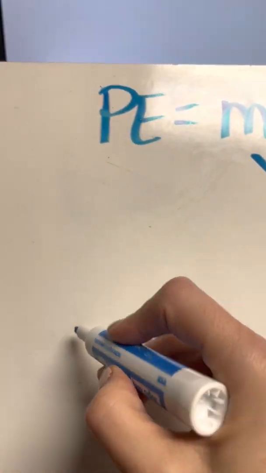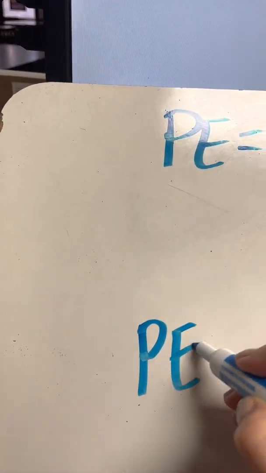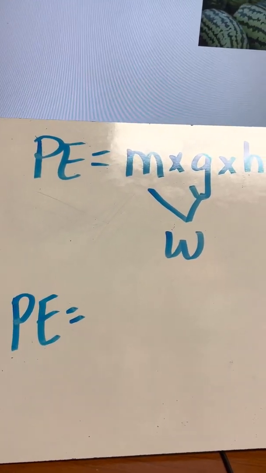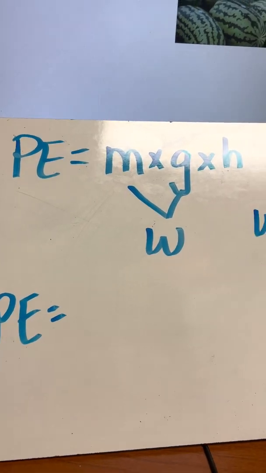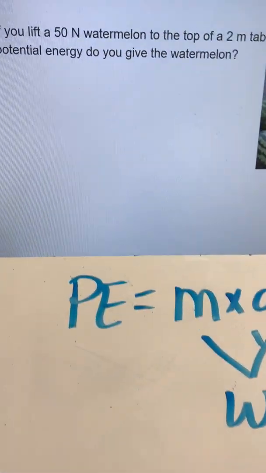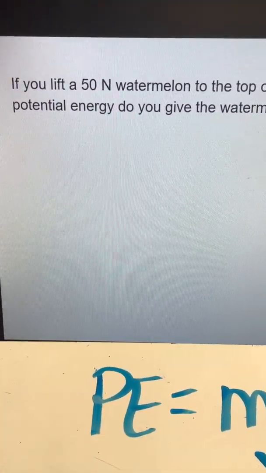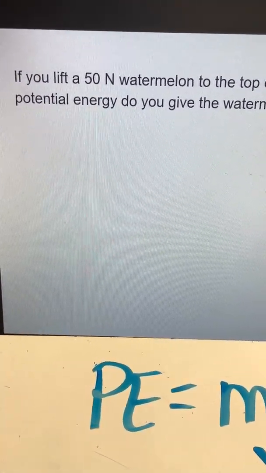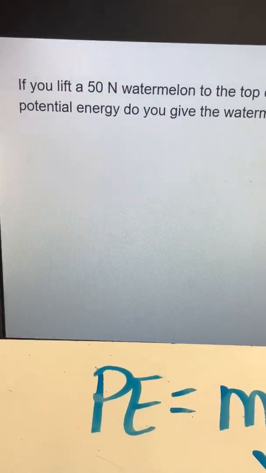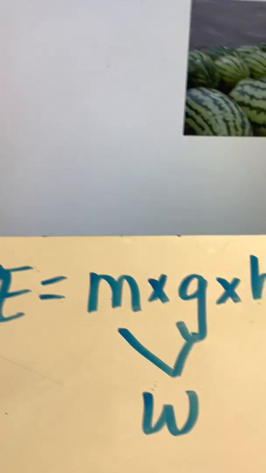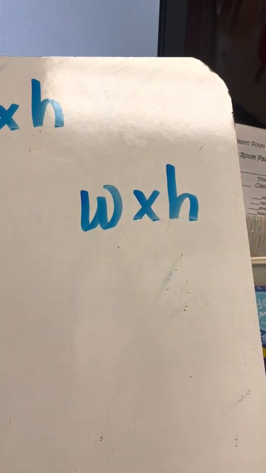Well, if we use our formula, potential energy equals mass times gravity times height, or weight times height. They told us the watermelon weighs 50 newtons. We've talked about how mass is in kilograms and grams, and weight is measured in newtons. So they've already given us the weight.